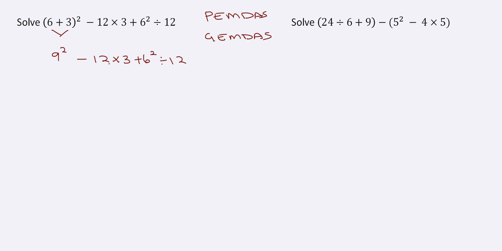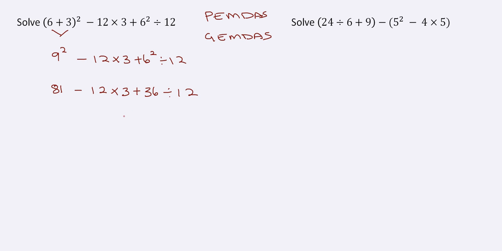So we have two exponents here. So 9 squared is 81, which is the same as 9 multiplied by itself. So 9 multiplied by 9 is 81, minus 12 multiplied by 3 plus 6 squared is 6 multiplied by 6, that is 36 divided by 12.